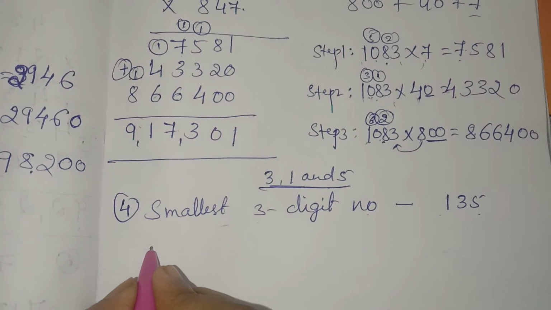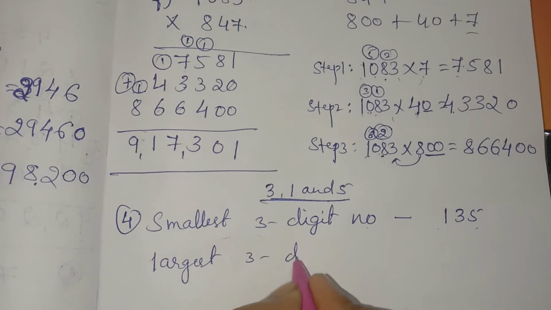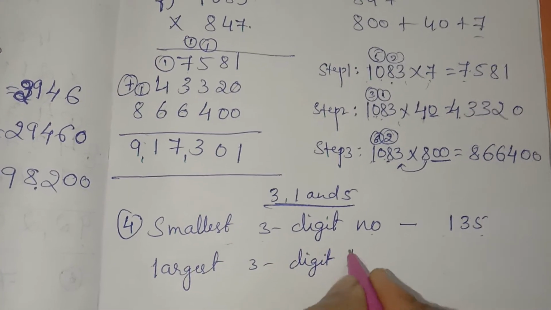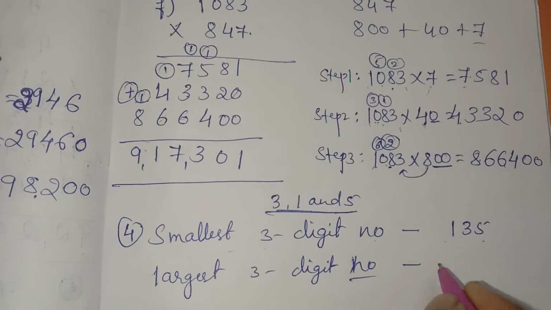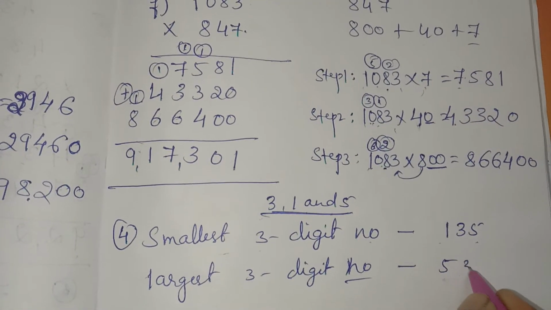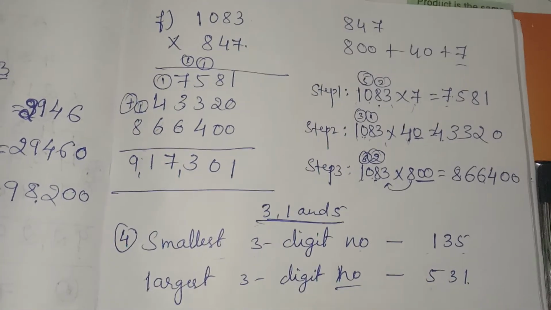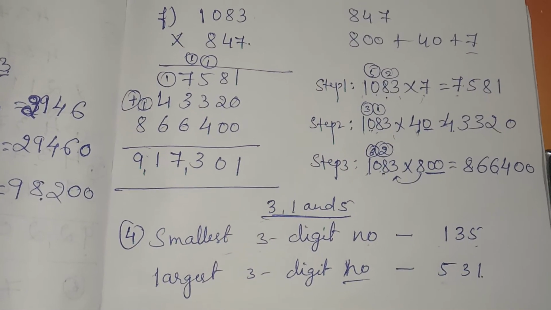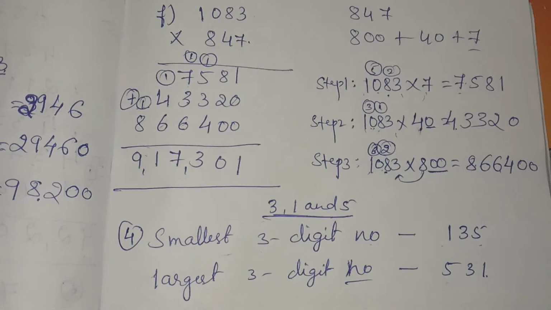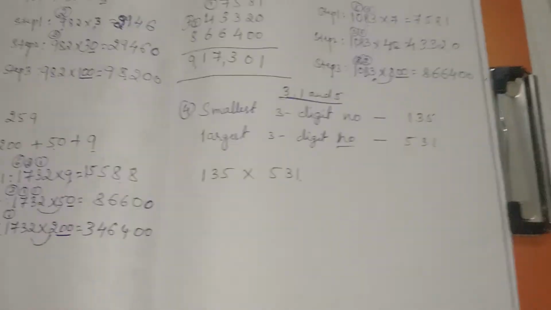The largest 3-digit number can be written in descending order: 531. Here they are asking the product of these two numbers. That means 135 into 531 we have to find out here.